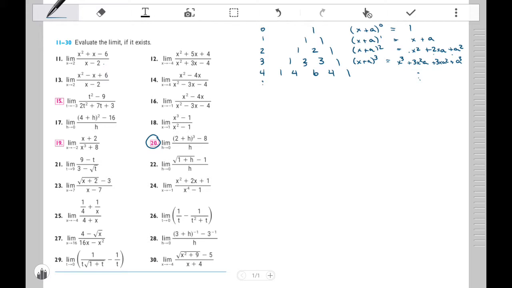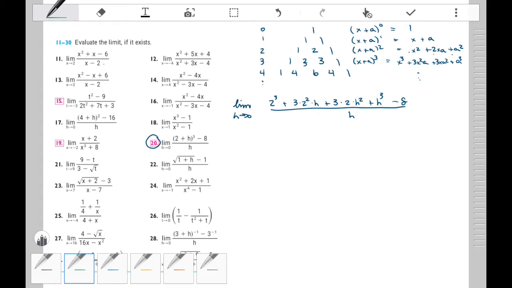So what that means for our limit here is that we have the limit as h goes to 0. I'm going to start to expand this out. (2 plus h) cubed is 2 cubed plus 3 times 2 squared times h plus 3 times 2 times h squared plus h cubed, minus 8, and that's all divided by h.